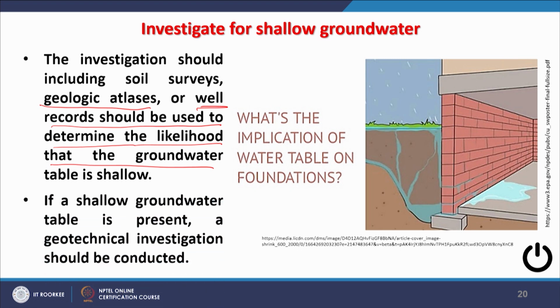So, finally, if a shallow groundwater table is present, we do not have much choice, a geotechnical investigation should then be conducted. Like earlier we have discussed, a wall can be created and so on and so forth. But such solutions are very local, and may not work for an area. So, for an area, if we are trying to resolve these shallow groundwater conditions and also solve salinization and other things, the water table should be kept at an optimum depth, not at a shallow depth.